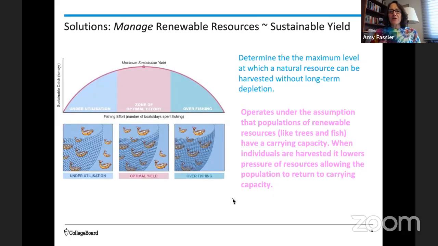So we can really apply this idea of sustainable yield to any renewable resource. Are we using it at a rate that it is going to be able to replenish itself?